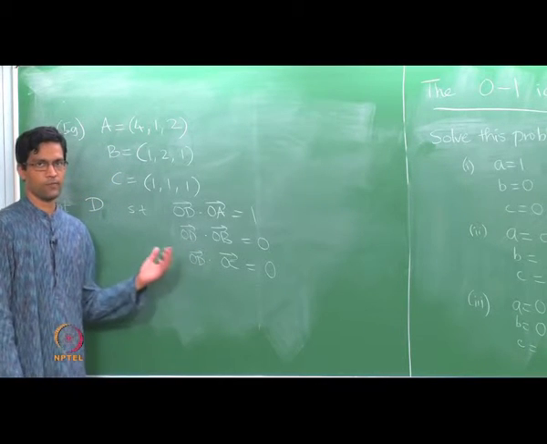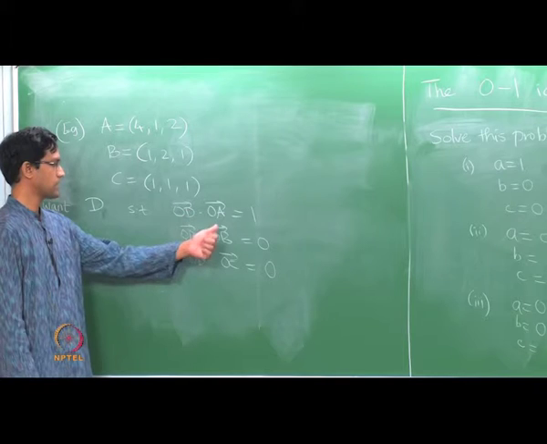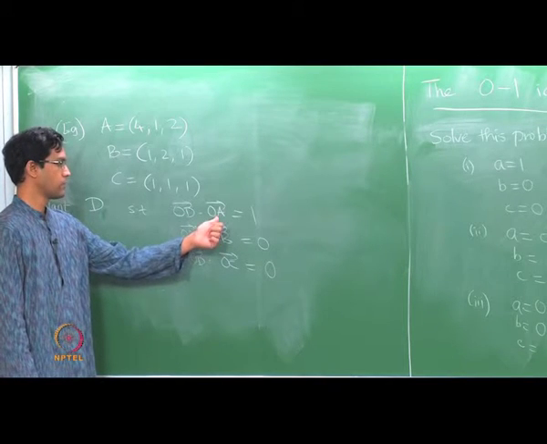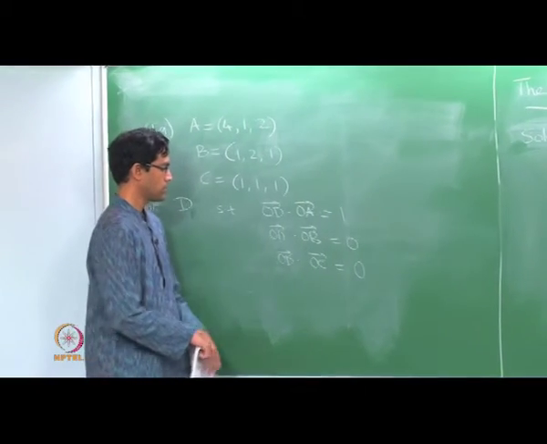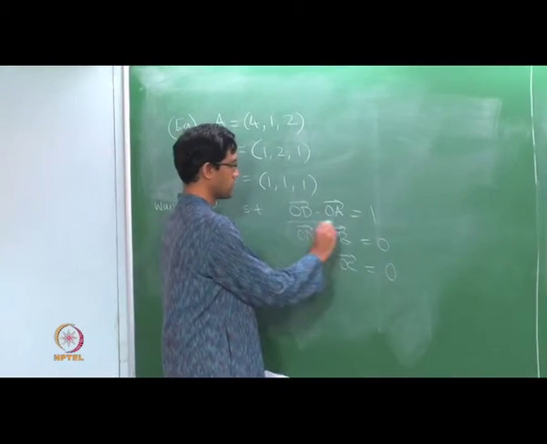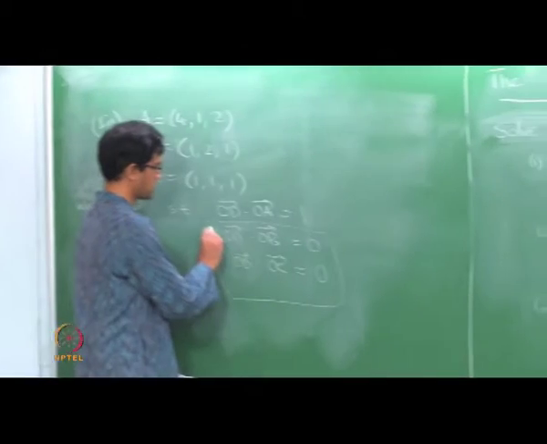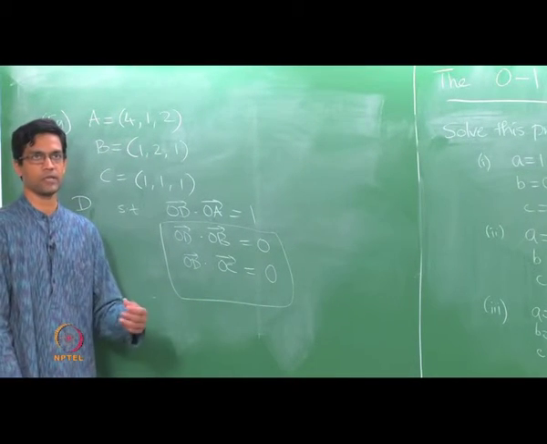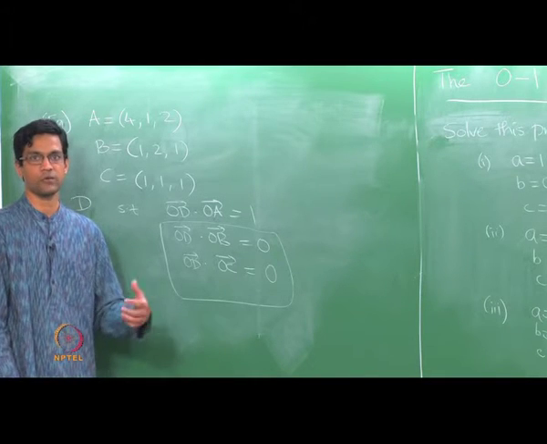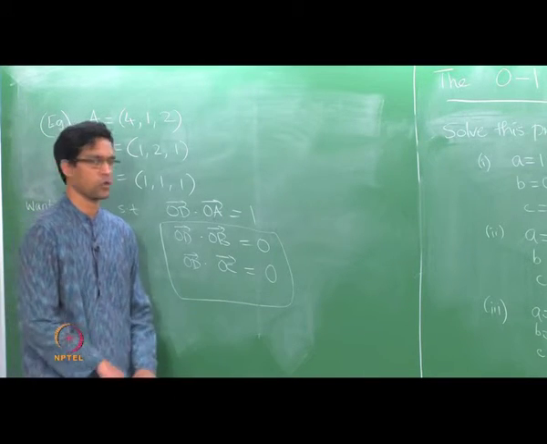I am trying to find a point D which has dot product 1 with OA and 0 with the other two vectors. Now, just like in the polynomial case, the ones with which it has value 0 form a very nice starting point. From that you can get quite a lot of information about the polynomial.